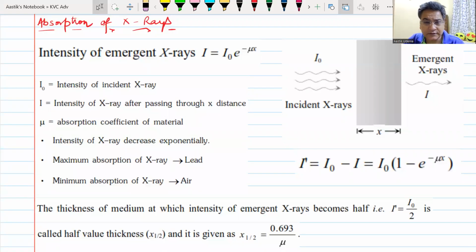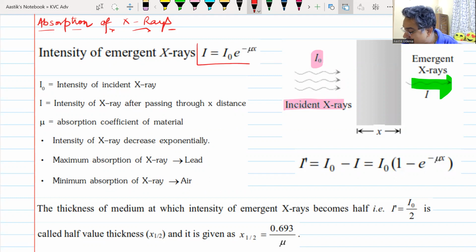And as you can see, when X-rays pass through a body, they have got high energy. They can go through this body. If I naught is the intensity of the incident X-rays, the X-rays which emerge out, I, the value is given by I naught e to the power of minus mu x, where mu is known as the absorption coefficient and x is the thickness of the material that is used.